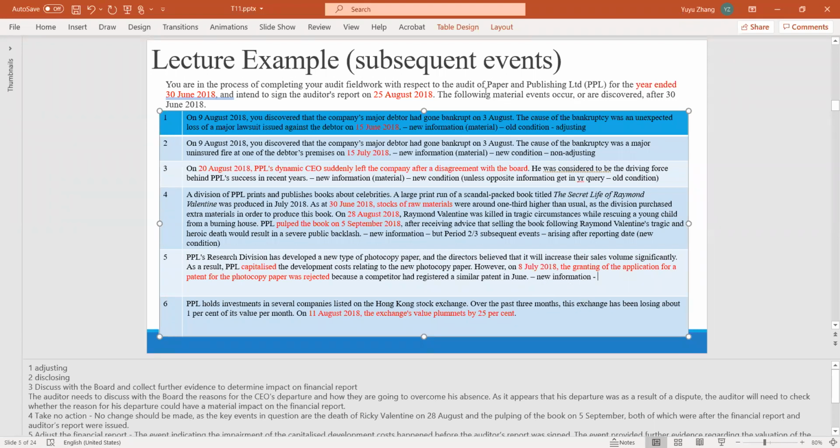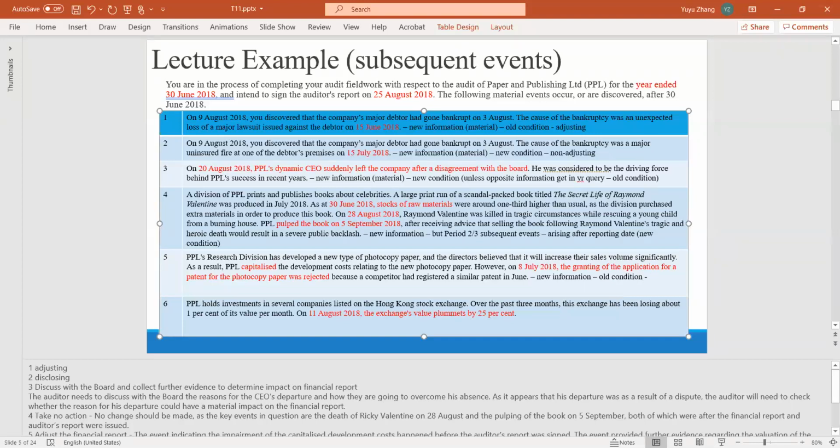So it's still old condition, because the patent of the competitor was granted in June, before the reporting date. That would also mean the application should have been rejected. The situation, that the grant will be rejected, had already been decided before the reporting date.